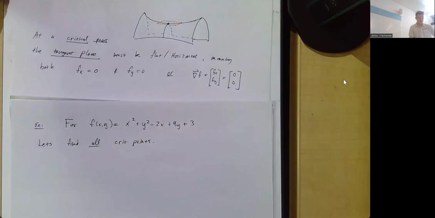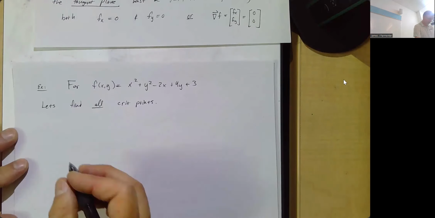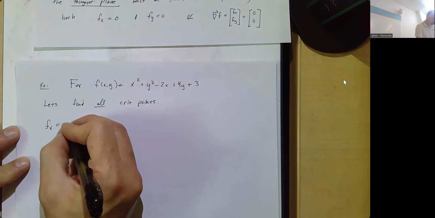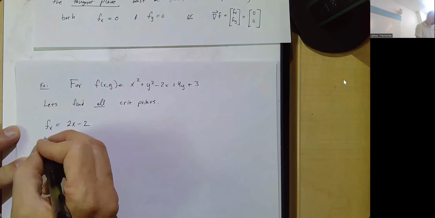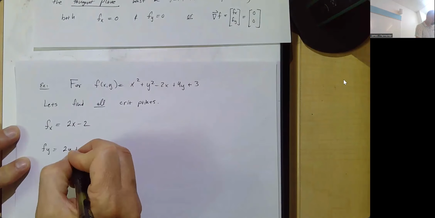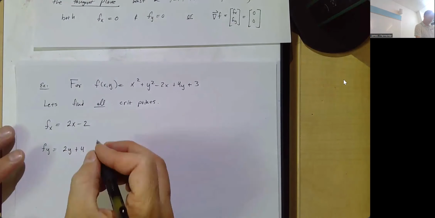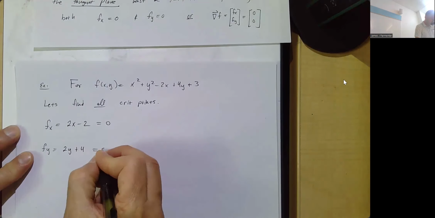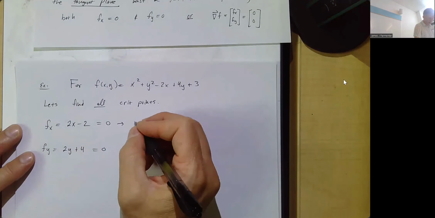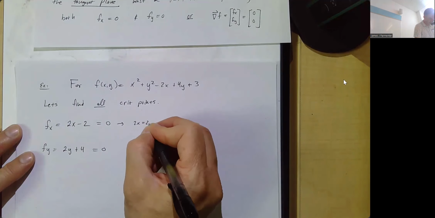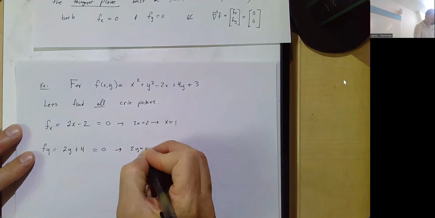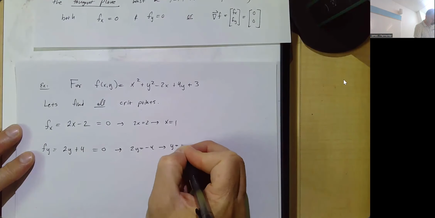Okay, so I'm just going to take each partial derivative. So f_x is 2x minus 2. f_y is 2y plus 4. And we're going to set each of those equal to 0 and then solve. Pretty straightforward. We're going to get 2x equal to 2, x equal to 1. And we're going to get 2y equal to negative 4, so y is equal to negative 2.